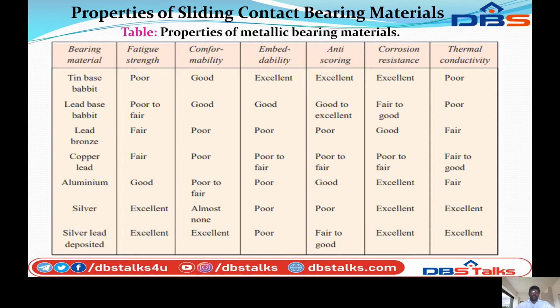Coming to another material, lead base Babbitt. The fatigue strength is poor to fair, conformability is good, embeddability is also good, anti-scoring is good to excellent, corrosion resistance is fair to good, and thermal conductivity is poor.